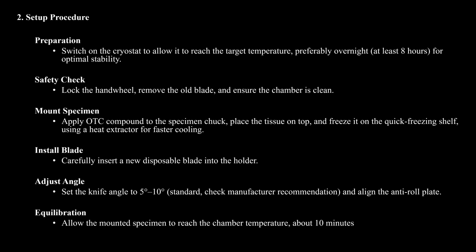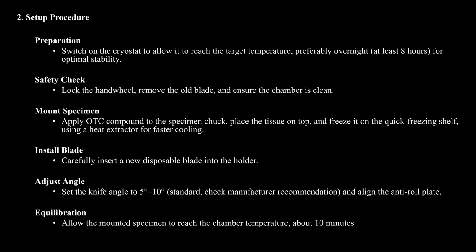Setup procedure. Preparation: allow the chamber to reach target temperature, freezing overnight, reach 8 hours first optimally. Lock handle, remove, hold black inside the chamber clean. The tissue is quickly frozen using the extractor for faster cooling.